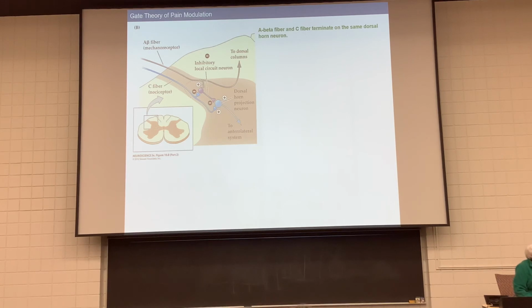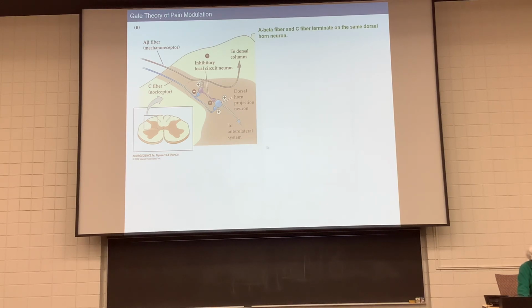Okay, so in the last couple of minutes, I'm going to tell you two ways we can modulate pain, two intrinsic mechanisms. One is called the gate theory of pain. So here's our C fiber. C fiber comes in, synapses on the dorsal horn neuron.